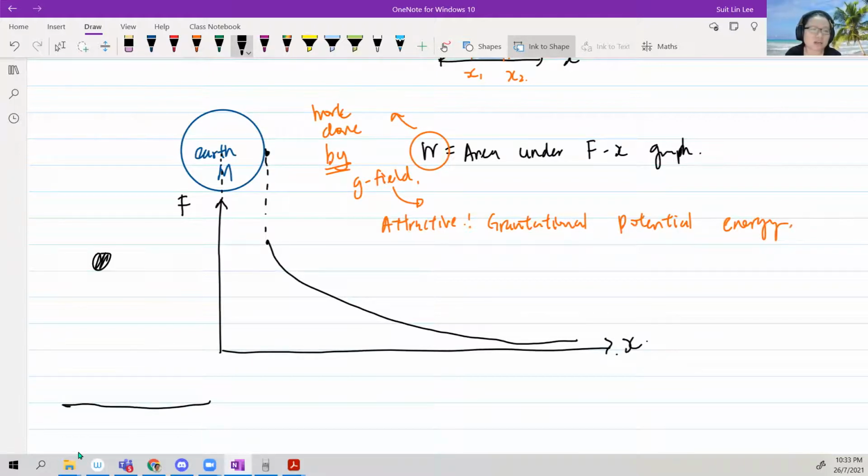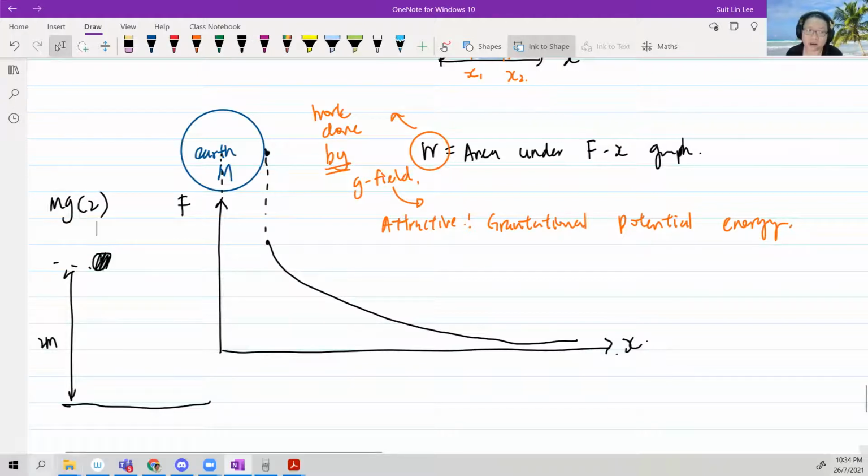I take the ball here. Let's say the ball is 2 meters above ground. I want to find GPE. I take mg times 2. Sure, but this ground could be on the 2nd floor.